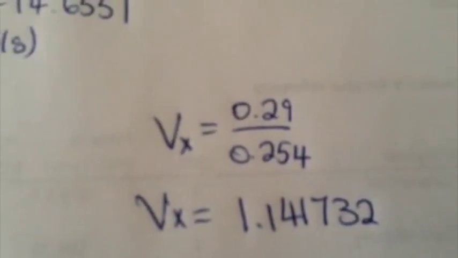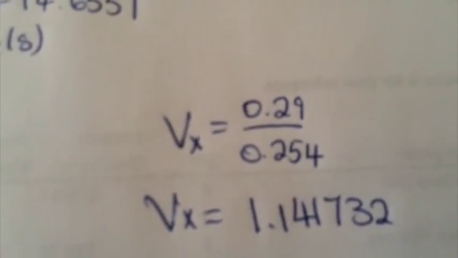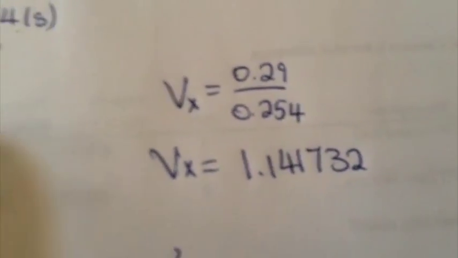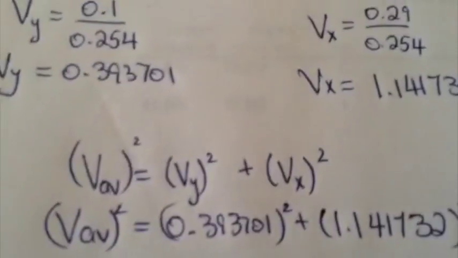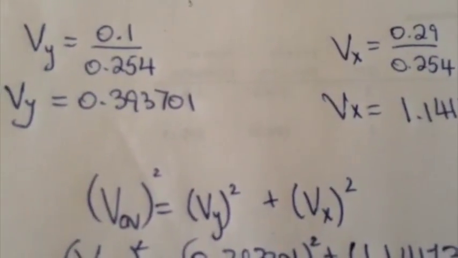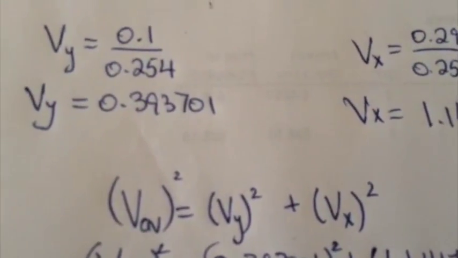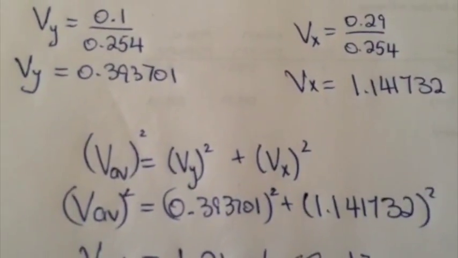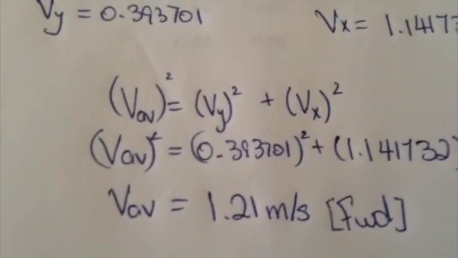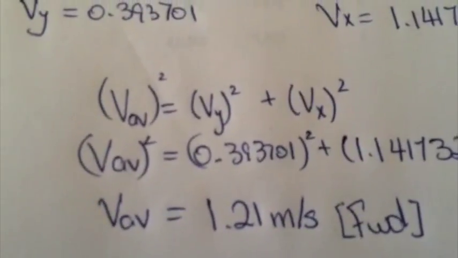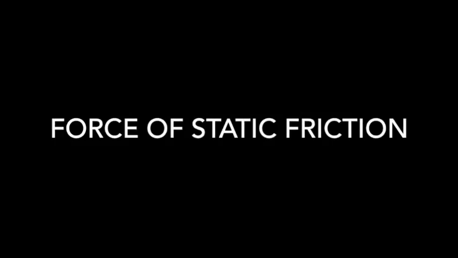And for the horizontal velocity, average velocity, is 0.29 divided by 0.254, which equals that. And then to find the total average velocity of the ball, I will be using the Pythagorean theorem and plugging in the numbers for the velocity of y and the velocity of x, as you can see here, and I end up with the average velocity of the ball being 1.21 meters per second forward.